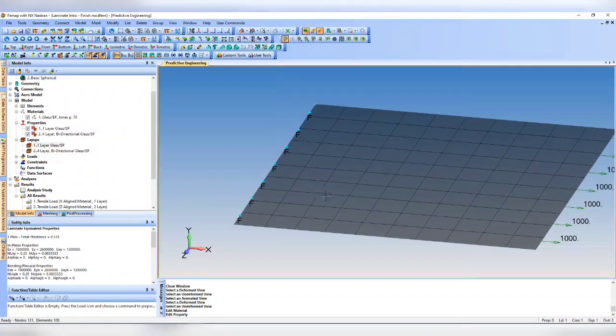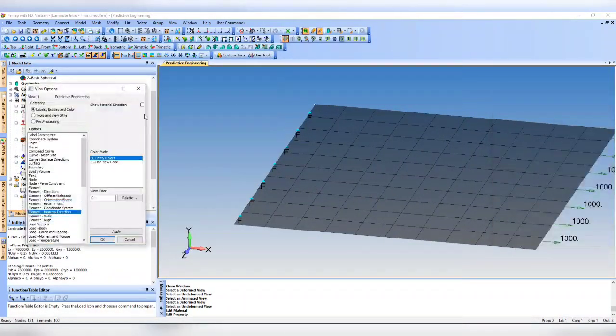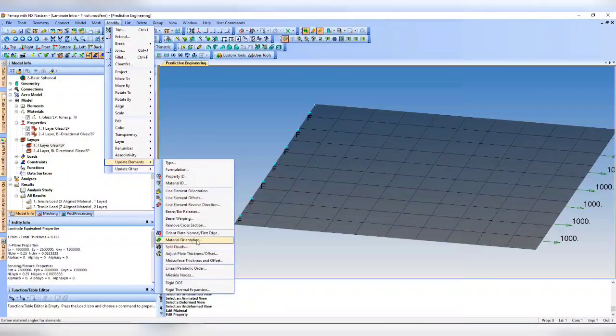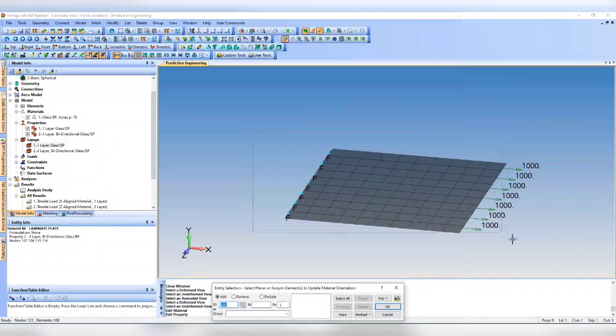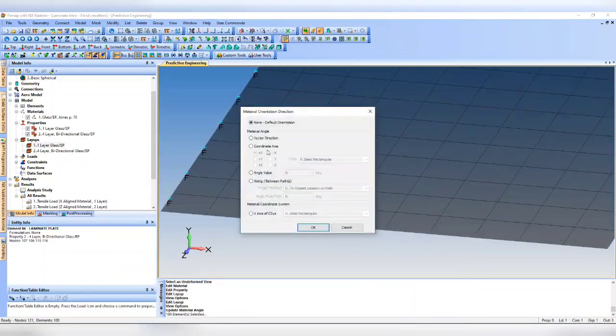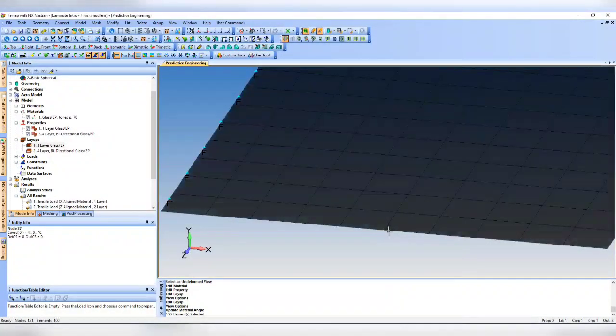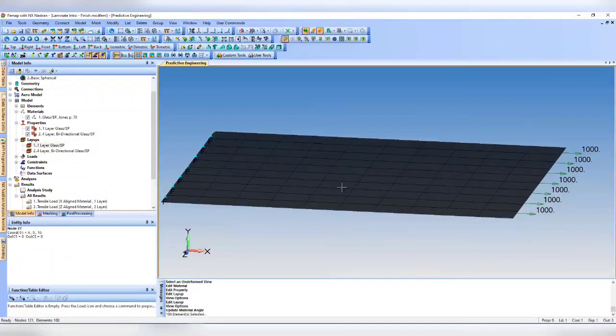I can define the material direction in the other coordinate system as well. I could easily define that by modify, update elements, material orientations, and I can do it along a vector, and just do it along the x vector. So this x vector here.